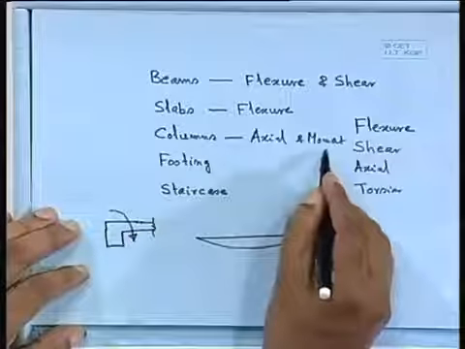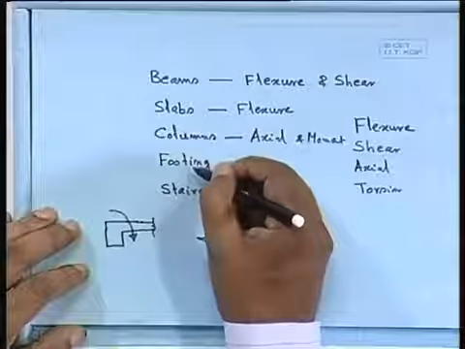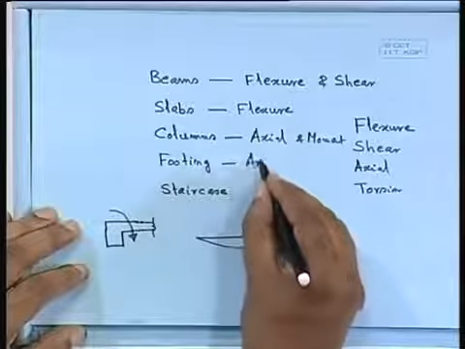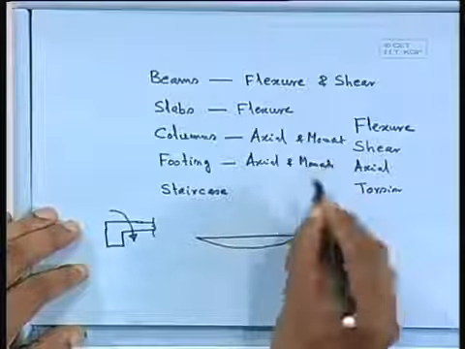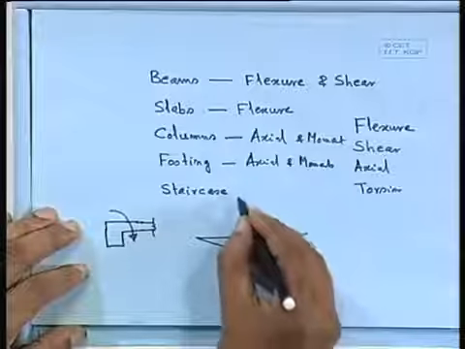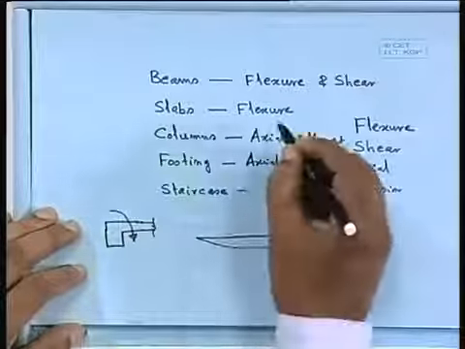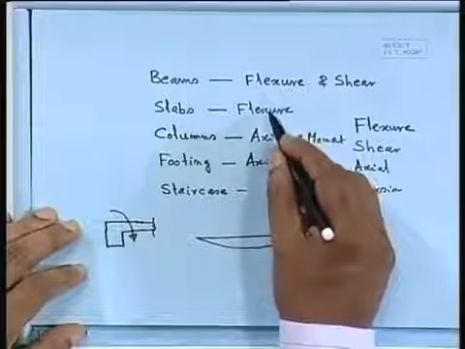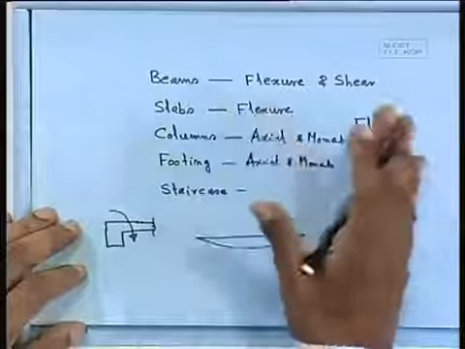So we can have this type of problem. Then footing is nothing but an extension of the column. So here also we can have axial and moments. Staircase, when we are considering most of the cases, common staircases, we generally consider flexure as the predominant one. So we have to design staircase, that we shall take separately.